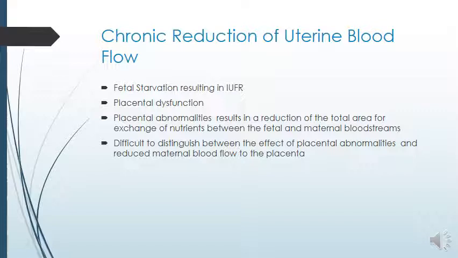The net effect of these placental abnormalities is a reduction of the total area for exchange of nutrients between the fetal and maternal bloodstreams, and it's quite difficult to separate the effect of these placental changes from the effect of the reduced maternal blood flow to the placenta. In some cases of chronic maternal disease, the maternal vascular changes in the uterus are primary and the placental defects are secondary.